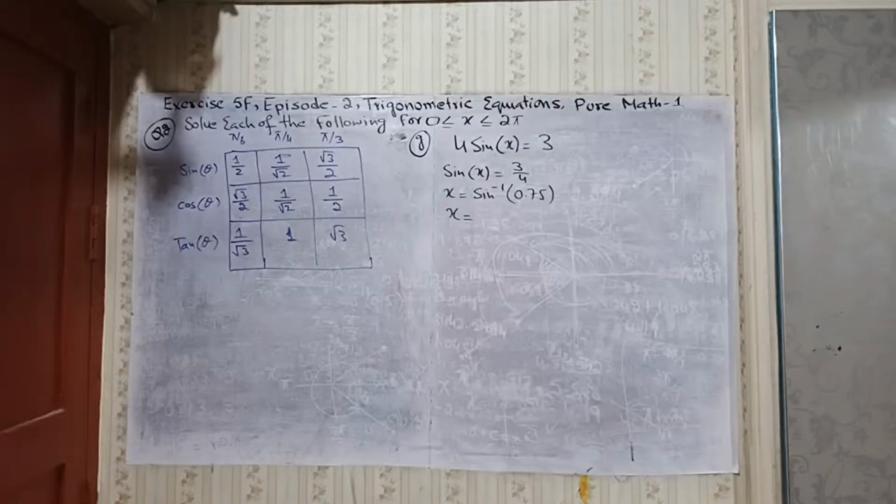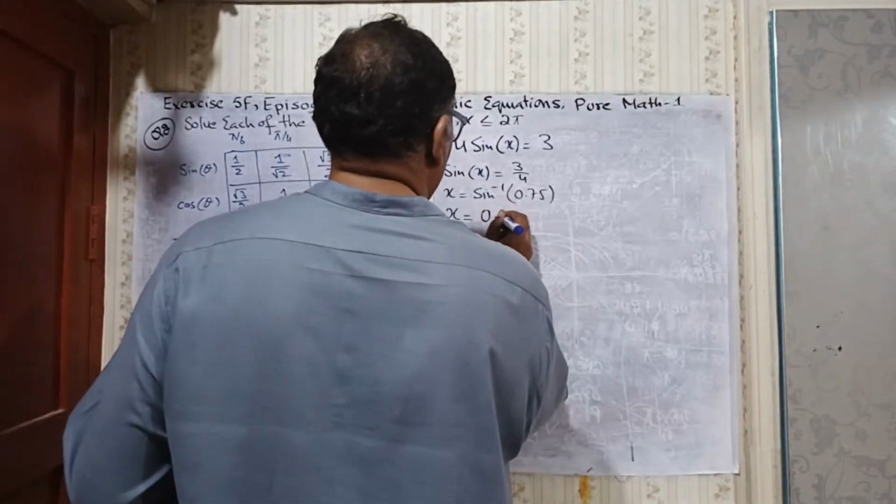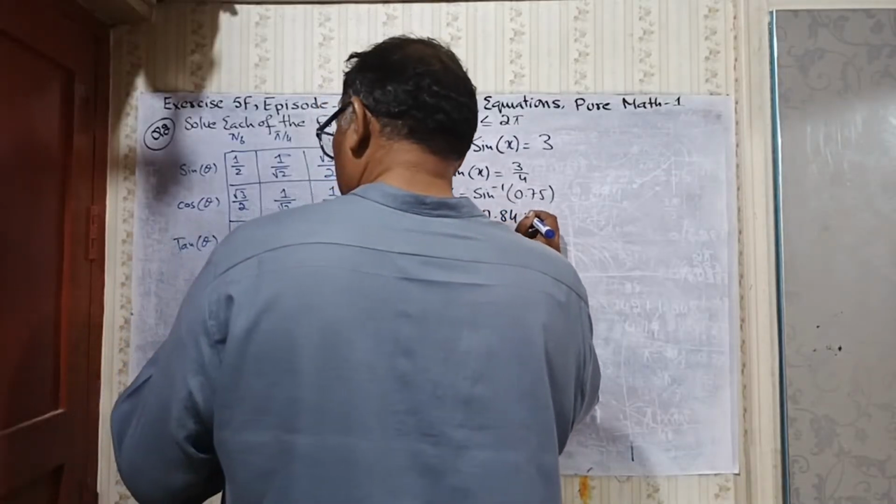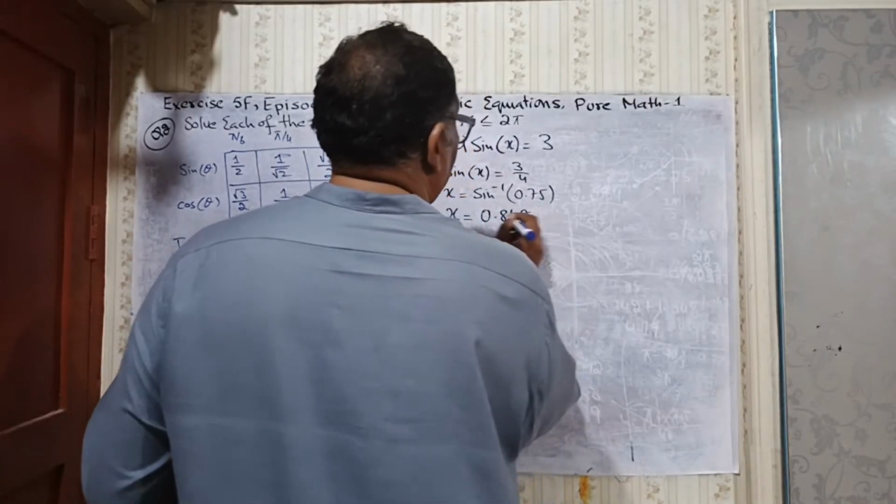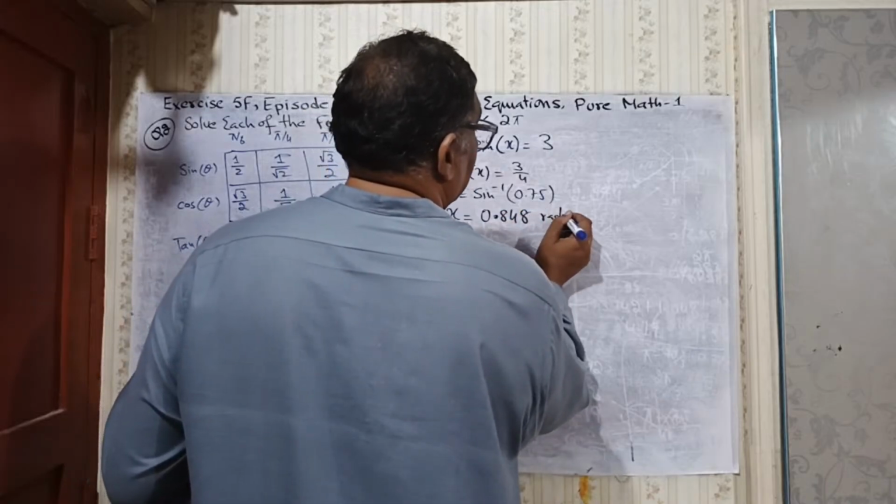Sine inverse of 0.75 is equal to 0.848 radians.